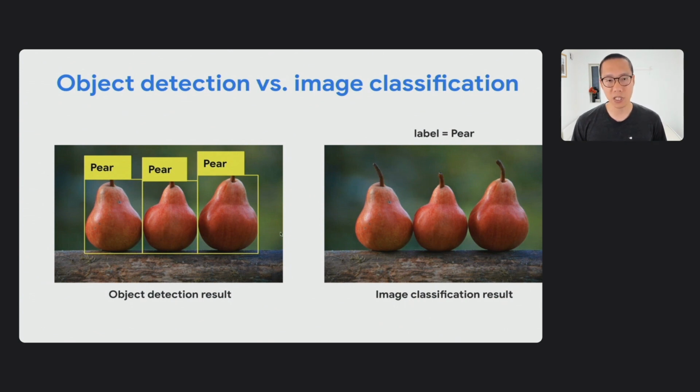So, for example, in this input image, an object detection model can tell you that there are 3 pears and the location of them. But an image classification model only tells you that there's a pear in the image without knowing how many of them or where they are.